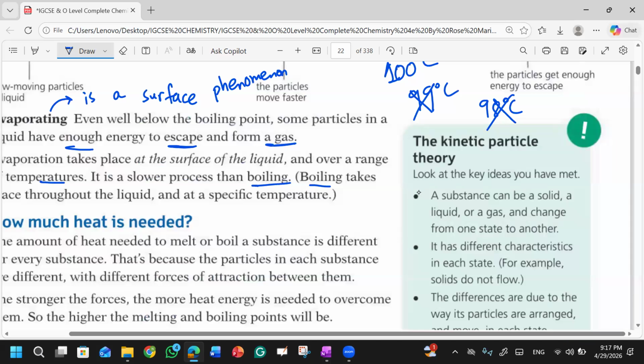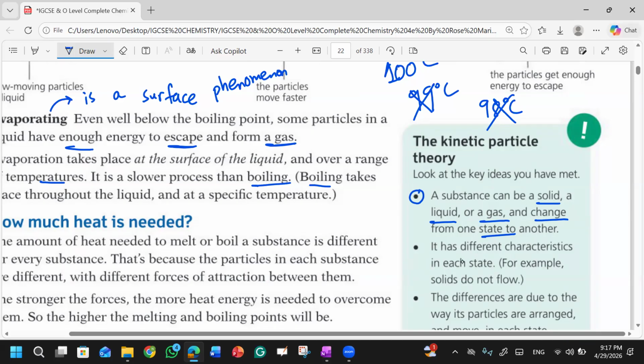That a substance can be solid, it can be liquid, it can be gas, and it can change its state. Do you agree with this? Yes or no? No. Why?